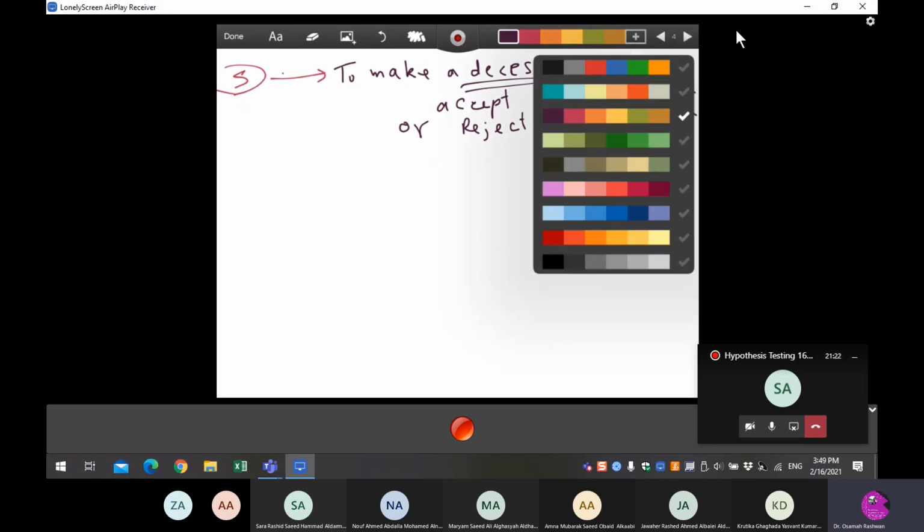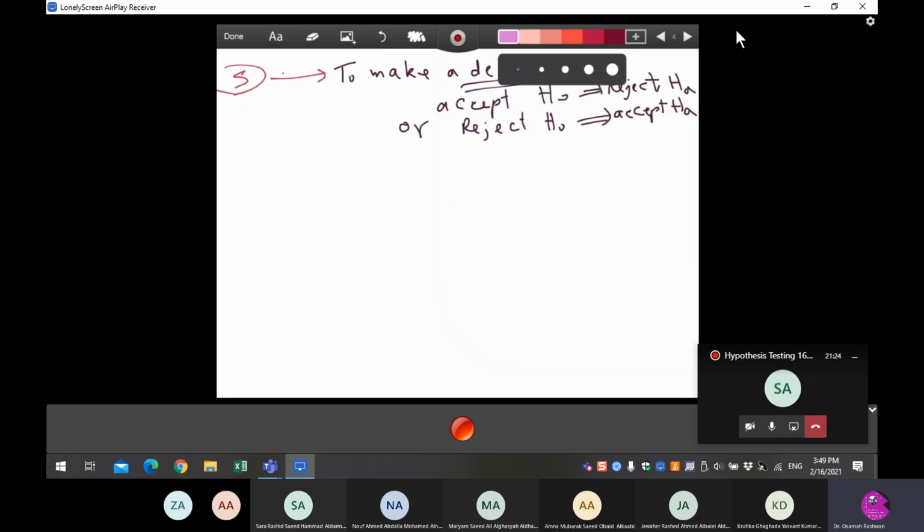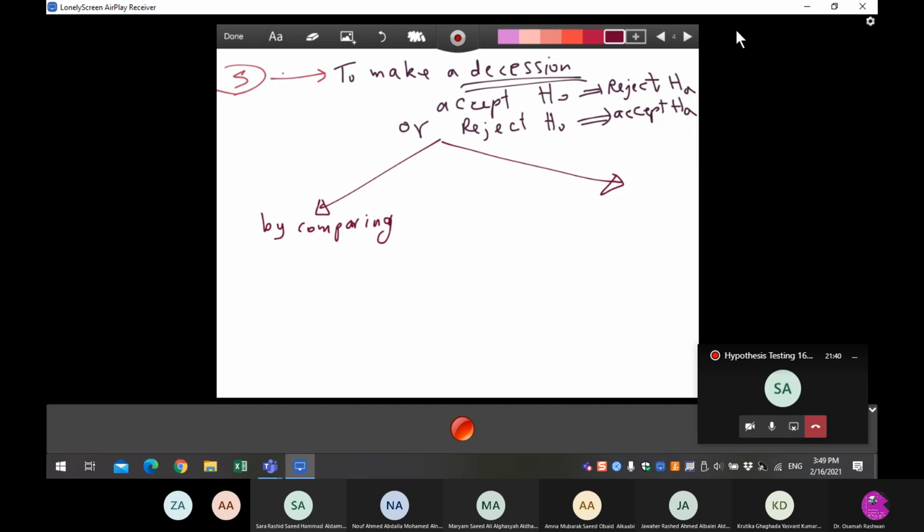How to make the decision? You take a decision by comparing. To make the decision, you have two choices, by comparing the statistic value from your formula with the critical value.